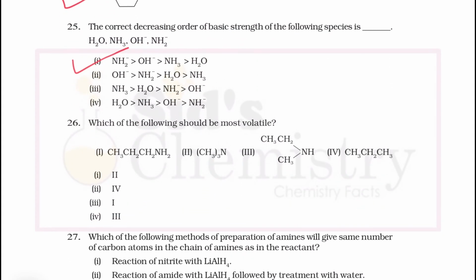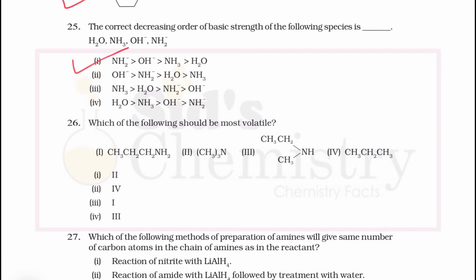Which of the following should be most volatile? Out of the given 4 options, 3 are amines and 1 is an alkane. Now amines have nitrogen present inside the compound, and therefore they have polarity within similar molecules, and therefore they are more strongly attracted to each other compared to alkanes.